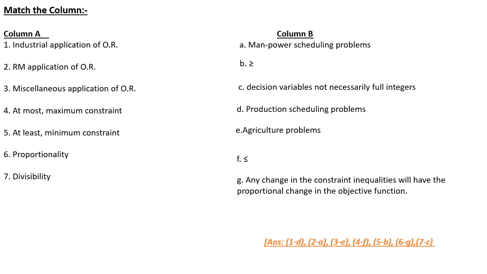Correct answer option E, agriculture problem. At most, maximum constraint. Correct answer option F, less than or equal to. At least, minimum constraint. Correct answer option B, more than or equal to.